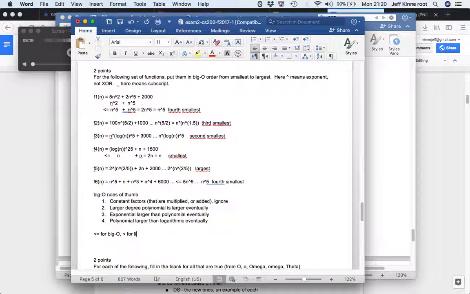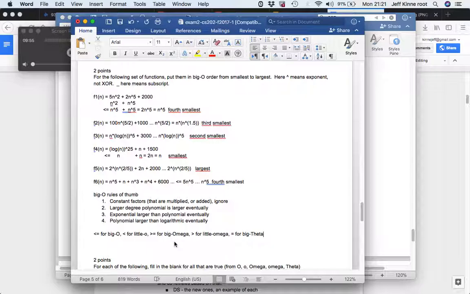Less than for little o, greater than or equal to for big omega, greater than for little omega, and equal for big theta. Why these Greek letters? That's life, that's what people use. They're just letters. But what they mean is this, roughly speaking.